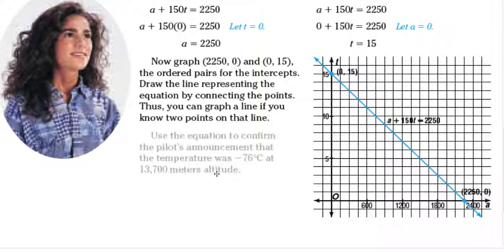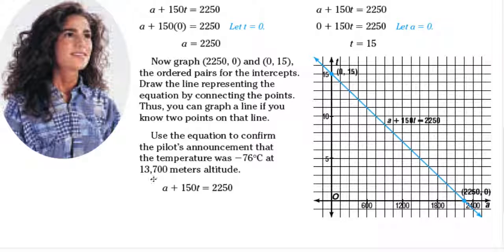Let's use the equation to confirm the pilot's announcement that the temperature was negative 76 degrees Celsius at 13,700 meters in altitude. We go back to the original equation, A plus 150T equals 2,250. We substitute 13,700 for A because that's what the pilot said.